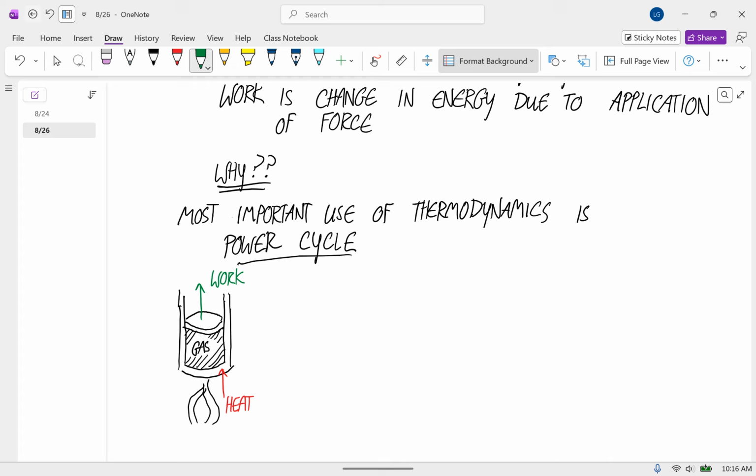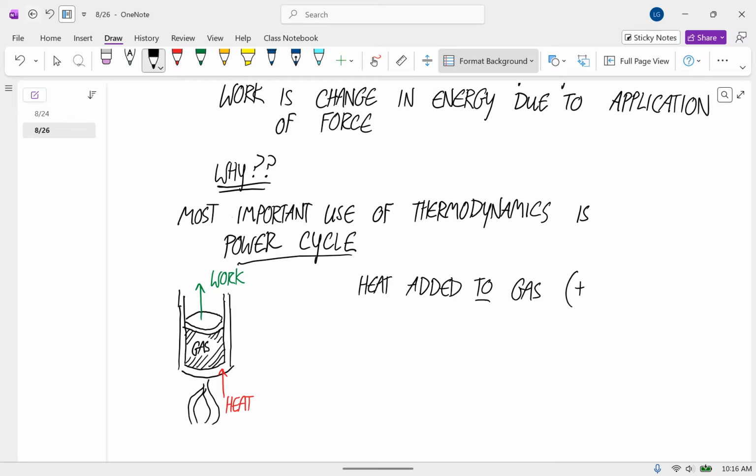So if you generally think about a power cycle, we get energy added to the gas through heat, and we have energy removed from the gas, the working fluid, through work. So you can always have this in the back of your mind as a way to remind yourself what the sign convention is for heat and work. Heat here is added to the gas.